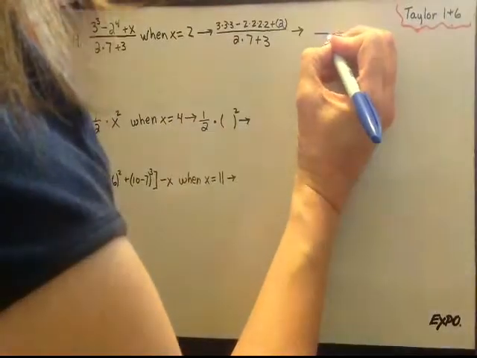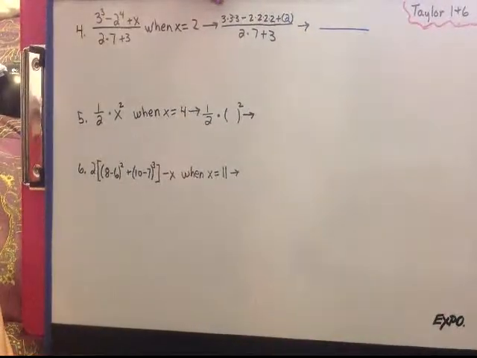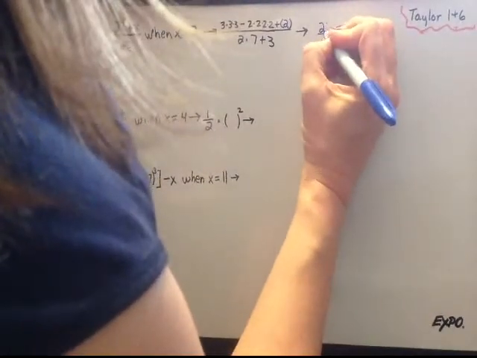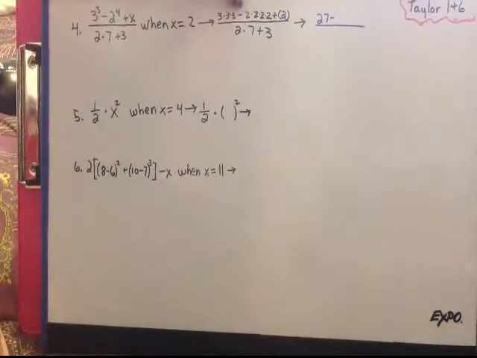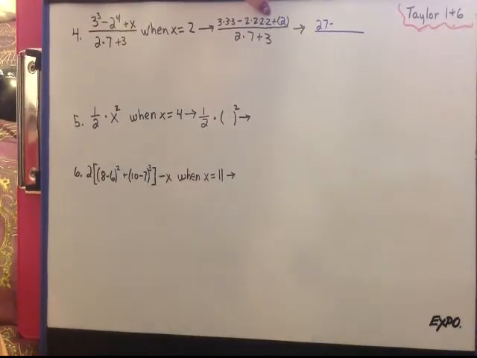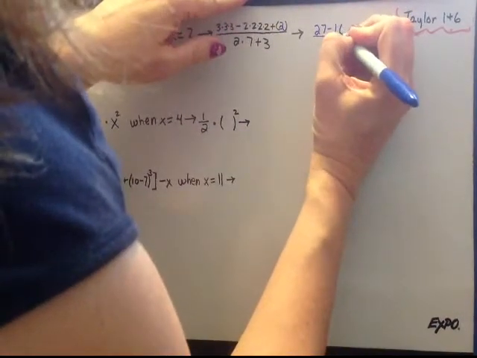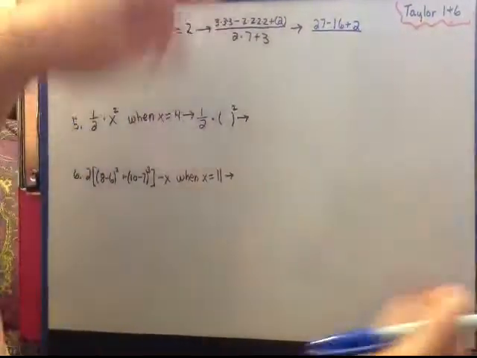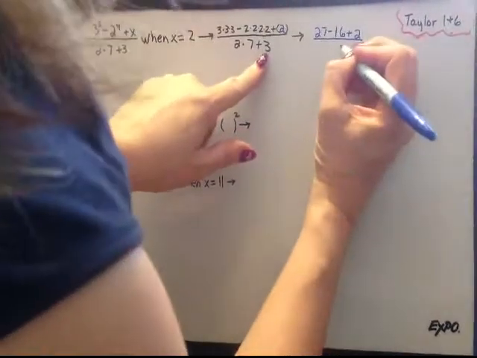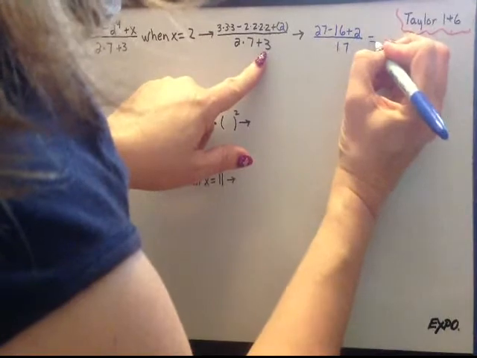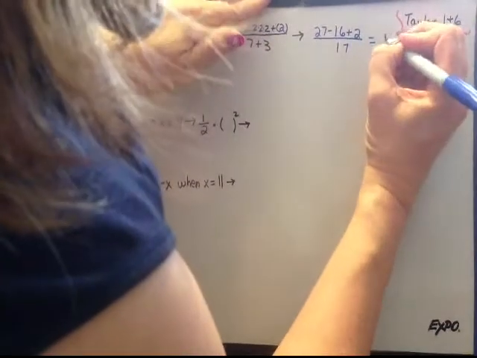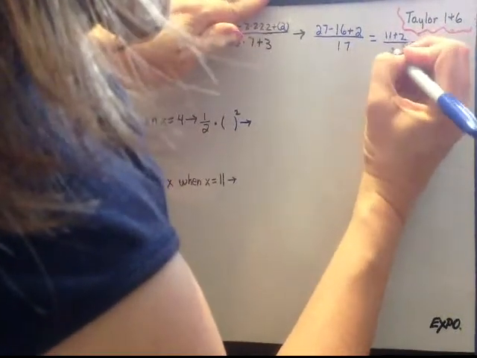So I'm going to rewrite our fraction bar. And I have 3 times 3 is 9, and 9 times 3 is 27, minus 2 times 2 is 4, times 2 is 8, times 2 is 16, plus 2. 2 times 7 is 14, 14 plus 3 is 17. 27 minus 16 is 11 plus 2 over 17.